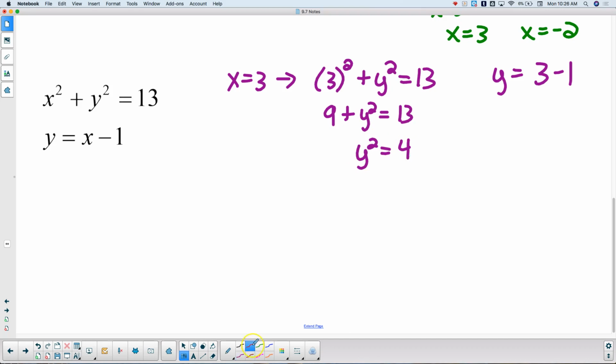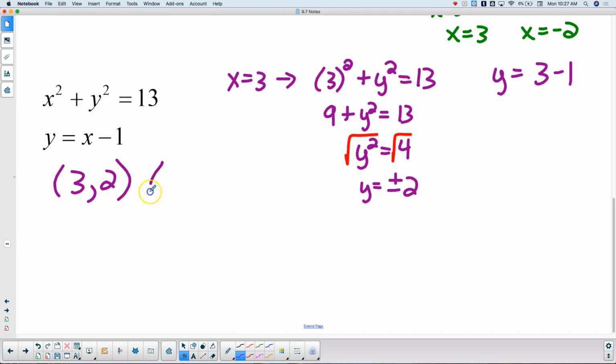Square root both sides. And I get y equals plus or minus 2, because I'm taking the square root and I'm solving. So based off of that, I would have a possible solution at 3 comma positive 2 and 3 comma negative 2.